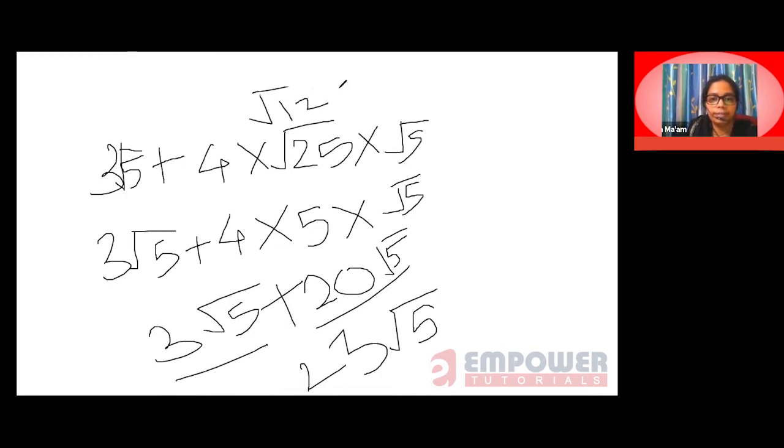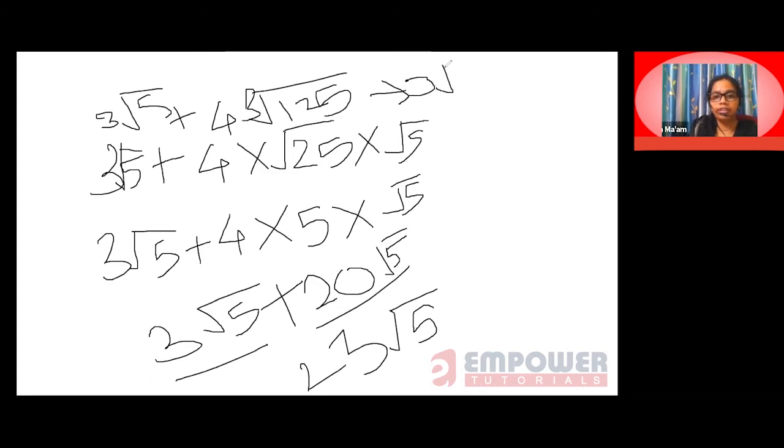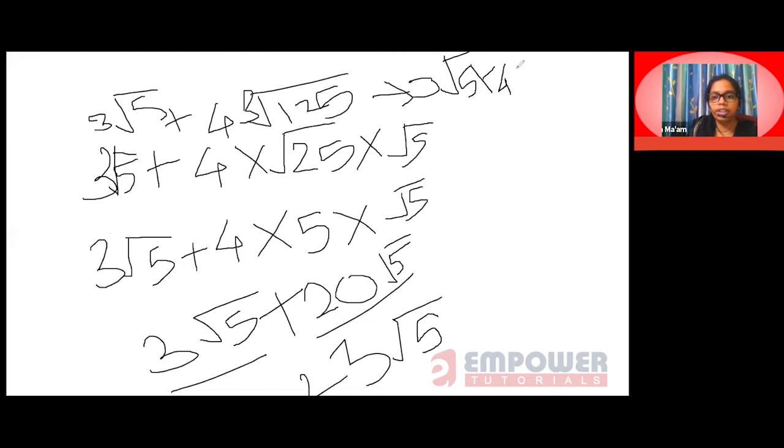So this was something like this. First of all, you have to look for the root. If they have given 3 root 5 plus 4 into the cube root of 125, then it will be 3 root 5 plus 4 into 5.